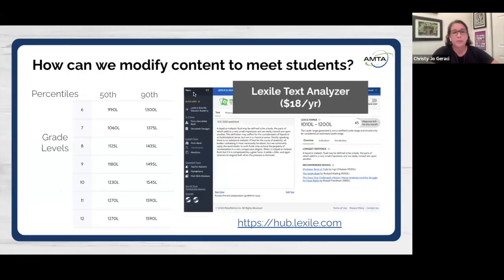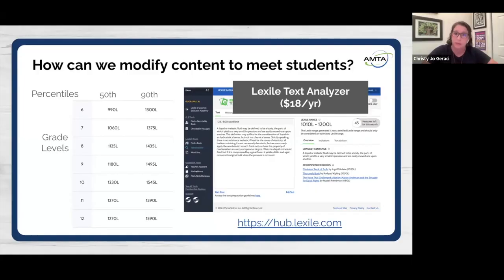Right, the last thing I wanted to tell you about before I leave time for questions is, what if you're worried about students who have modifications or students with reading disabilities, or how do you work with your special education, your ESS team? I am not a special education teacher, but I can tell you that the first thing that my colleagues always ask me is, well, what's the reading level of the text?